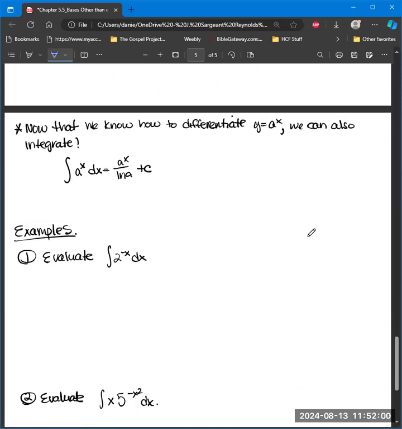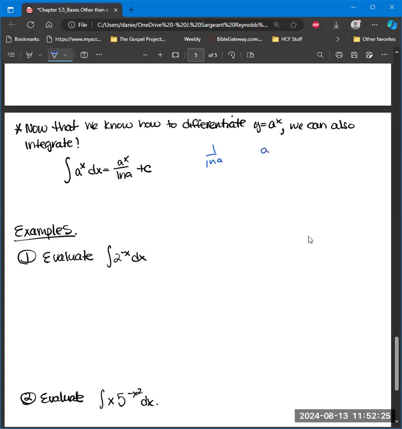Now that we know how to differentiate y equals a to the x, we can also integrate. And we can get the integral of a to the x dx is equal to 1 over ln of a times a to the x. Just differentiate the right-hand side to prove that to yourself. We have 1 over ln of a that just sits there.